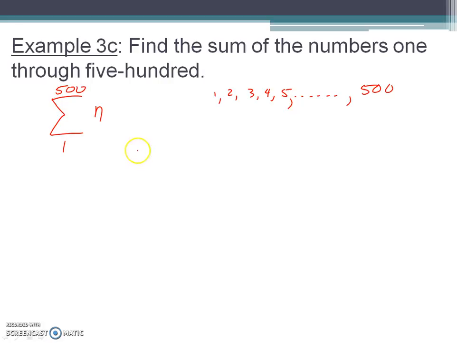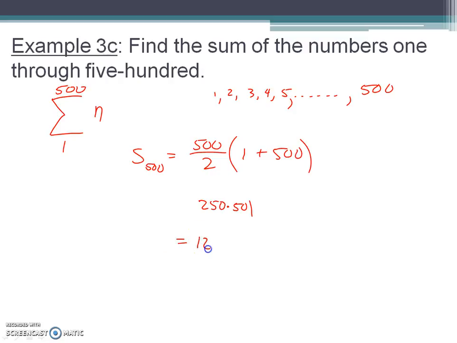So, pretty basic. Sum of 500 terms. First term plus last term. So this is 250 times 501, 125,250 if you add the numbers 1 through 500.